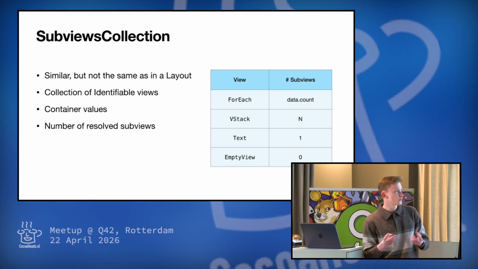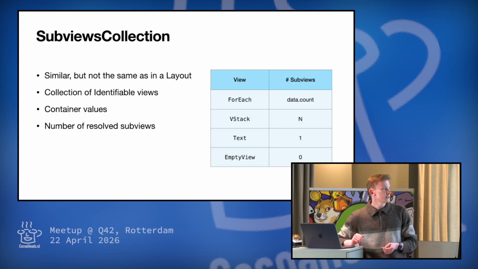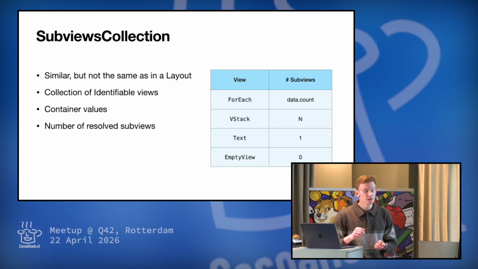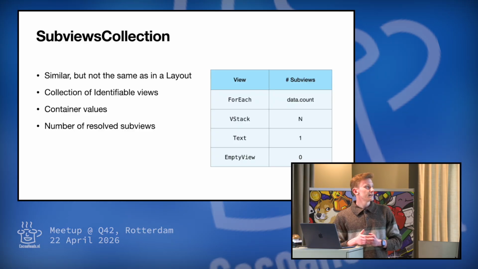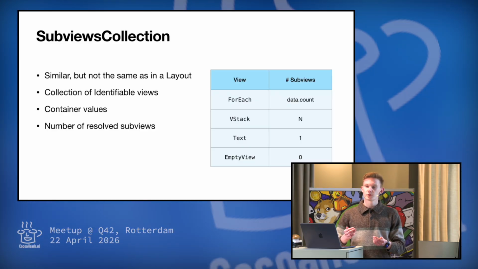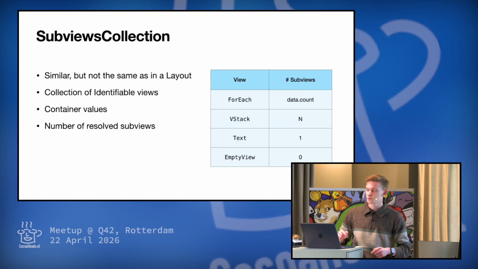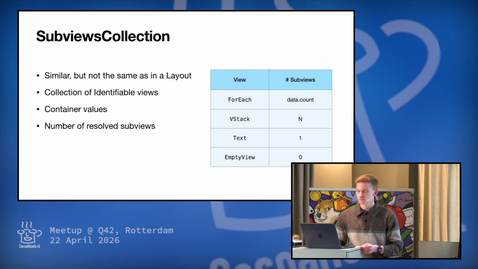If you have 2 texts and a for each, you will have 2 plus the number of entries in the for each. A text is always 1, even if you provide an empty string, still 1. And a very interesting case is the empty view, which has 0 resolved subviews, which kind of explains this behavior. When you put an empty view in a VStack, for example, it won't add additional spacing between different views.